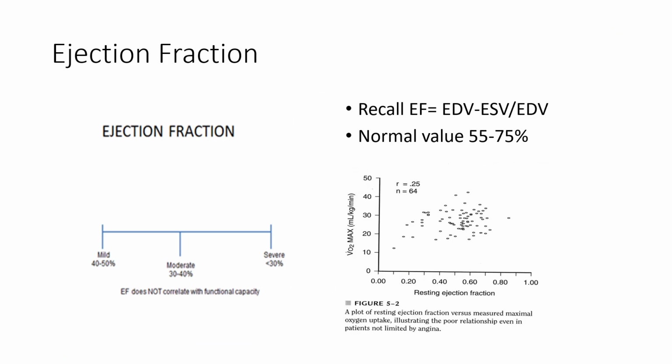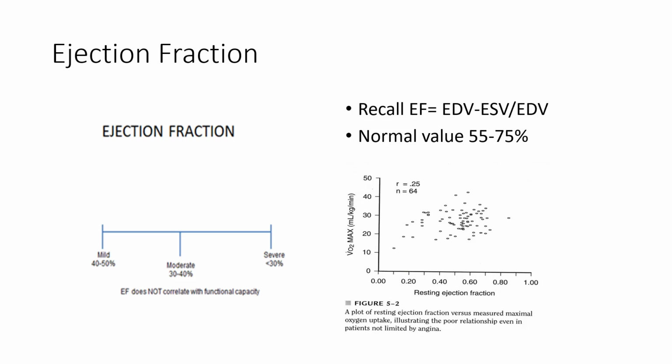Now, again, just remembering, we talked about this earlier, that it's not all about ejection fraction, especially in patients with heart failure, right? I've seen patients with very impaired ejection fractions, and the patient with the lower ejection fraction did better.